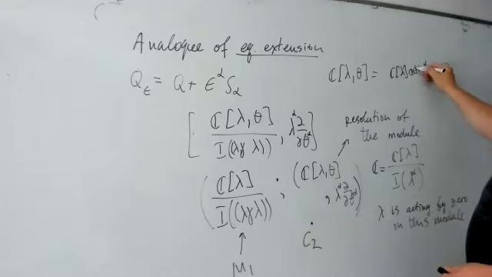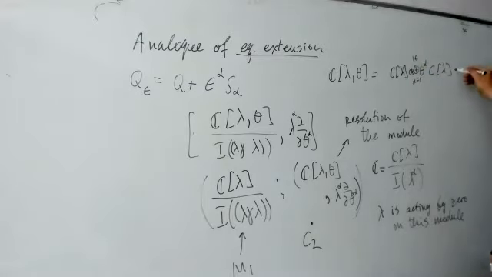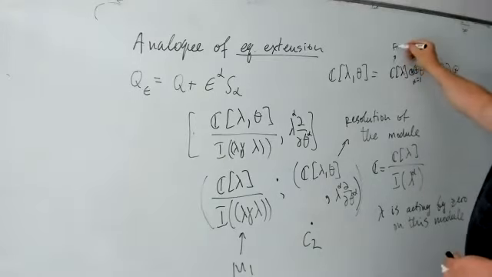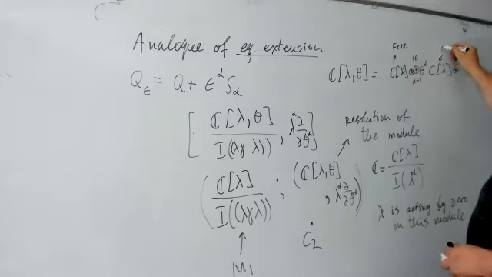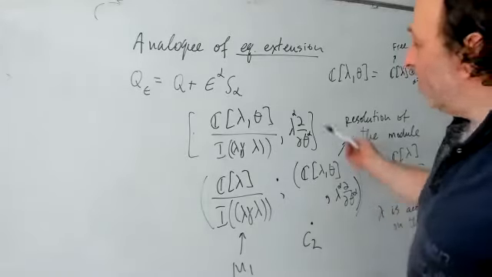Here we have some alpha from 1 to, in our case, 16, etc. So it means that this is free, this is free, and the resolution is an exterior algebra.